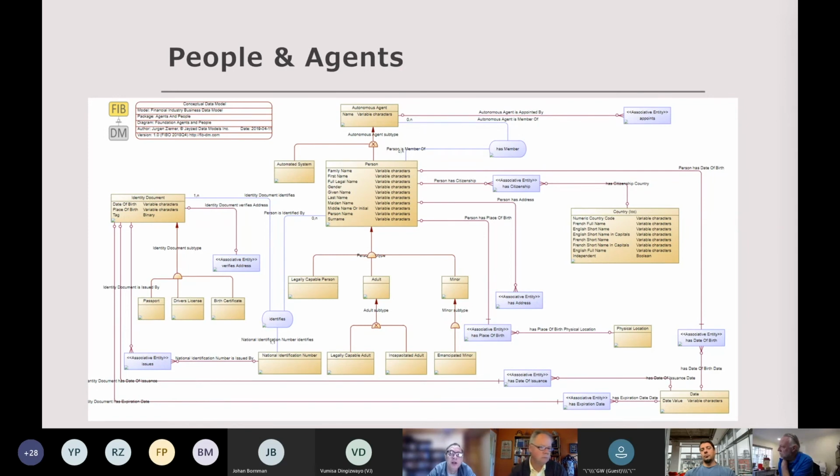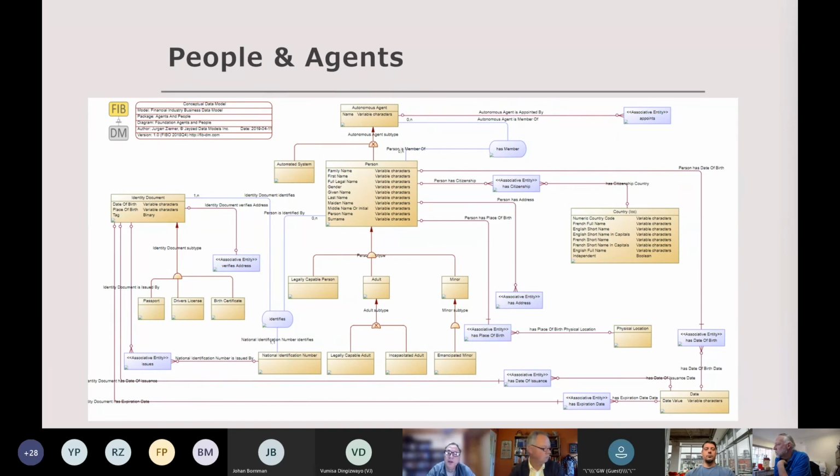So this is all the autonomous agent. And one thing, I don't like to call the autonomous agent party, no? I think it's clearer to call it agent. And one more note, the common subtype autonomous agent, you have that because some roles could be either a person or an organization or even an automated system, no?